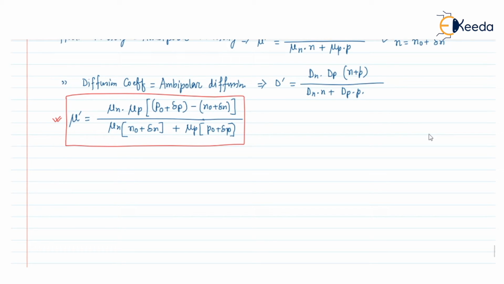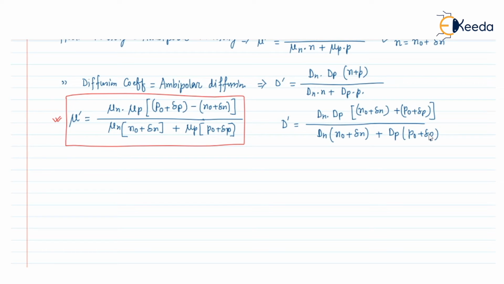Similarly, we can also write the ambipolar diffusion coefficient d dash as dn, that is the diffusion coefficient of the excess electron, into the diffusion coefficient of the excess holes dp, into n plus p, where n is n0 plus del n and p is p0 plus del p, divided by dn into n0 plus del n plus dp into p0 plus del p.